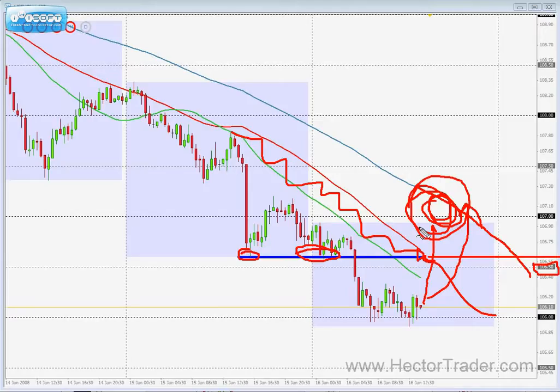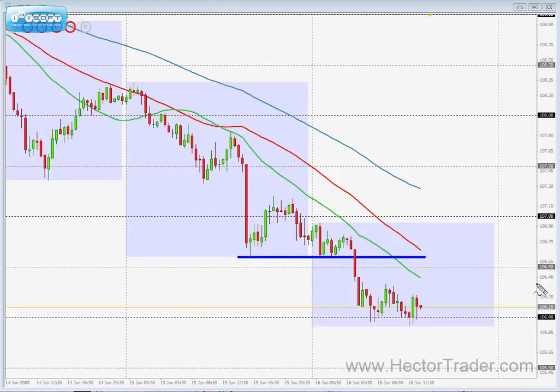It's a warning signal of weakness in any trend. You want to stay away from the 100 as much as possible. You want the dynamic area of resistance to hold price on the right side of the market, in this case meaning down, meaning below, sorry.